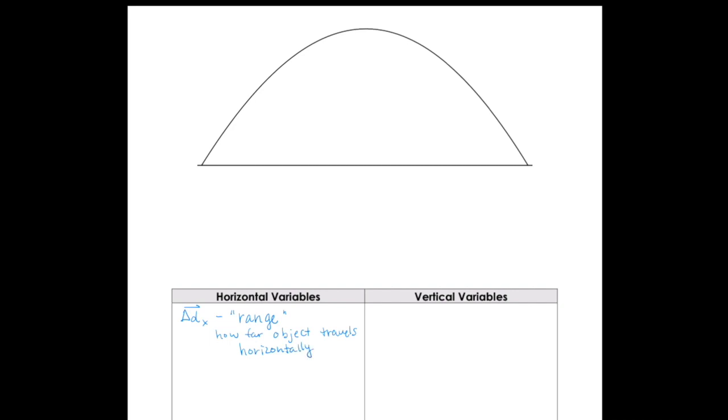Here, this will be our range, which is delta d of x, so it's going to be from here to here. We're also going to have our horizontal velocity, our velocity x, which is just the horizontal velocity.